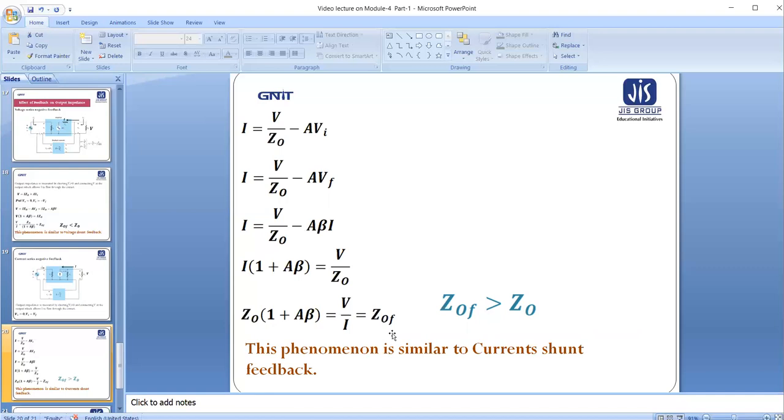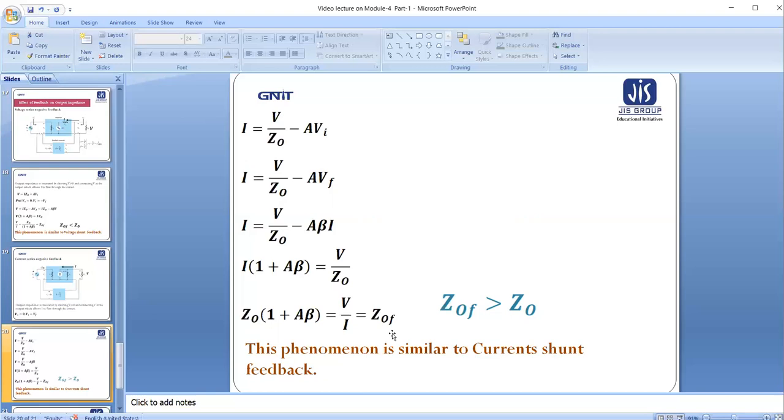So what is the summary? When we are dealing with the input impedance, always focus on the input parameter. Input parameter is the series or shunt. When the input parameter is series, the input impedance will always be increased, whatever the output may be.